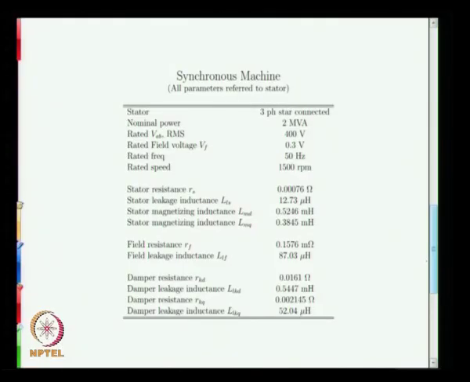So this is a star connected 2 MVA synchronous machine, 400 volt and 50 hertz. It is a 4 pole machine obviously because it is 1500 rpm, and then the various data are given, stator resistance, leakage inductance and so on, and then the damper values are also given here. So one can make use of all these machine data in order to do all your assignments.